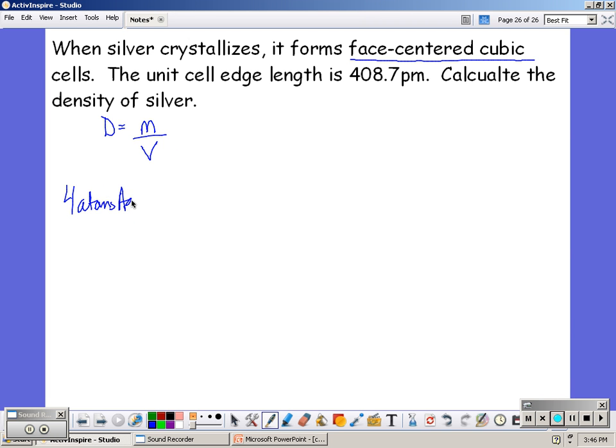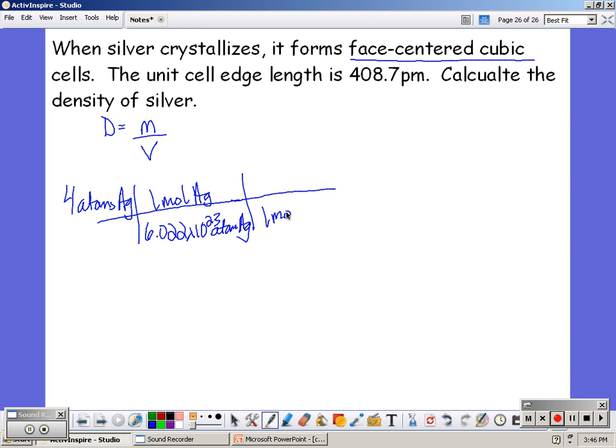Avogadro's number of atoms are in 1 mole. And 1 mole of silver is 107.9 grams of silver.